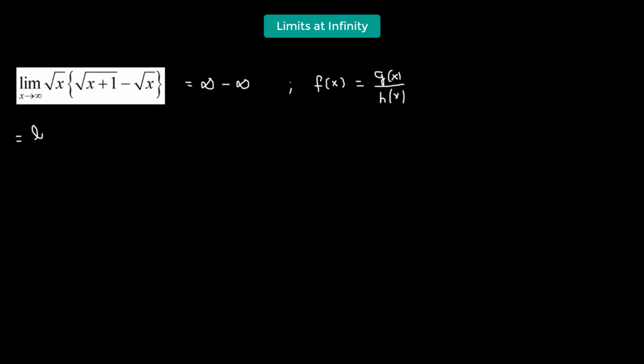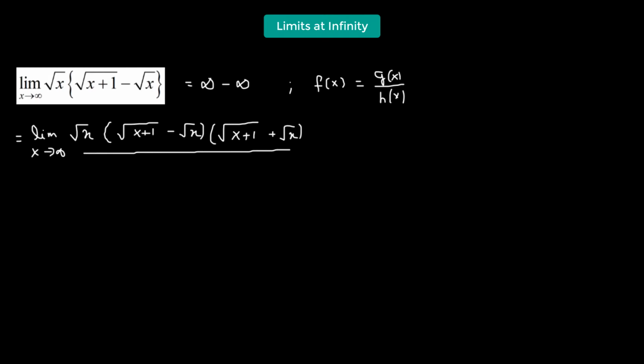So we have limit x going to infinity of the square root of x multiplied by the square root of x plus 1 minus the square root of x. We multiply by its conjugate, which will be the square root of x plus 1 plus the square root of x. We also have to divide it by the same conjugate.